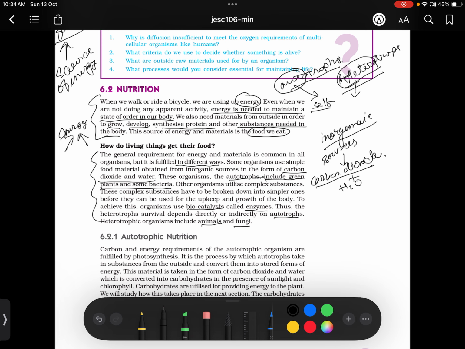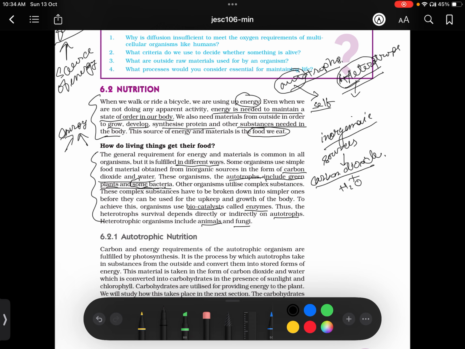Now coming to the examples of these autotrophs, just think what they have mentioned here, the plants and some bacteria. In autotrophs, they consider plants and bacteria. This can be asked as a question also, so you have to remember this. And what about this some bacteria?